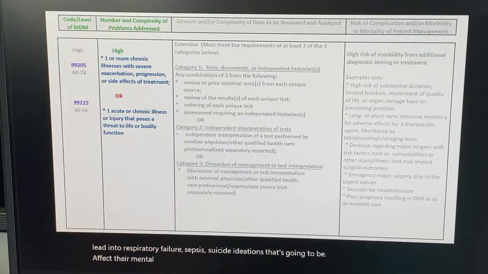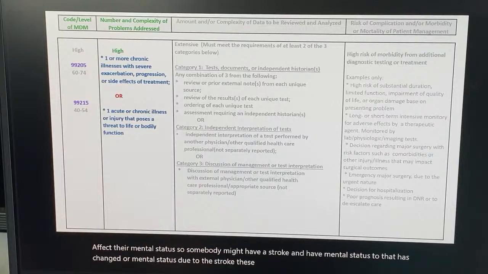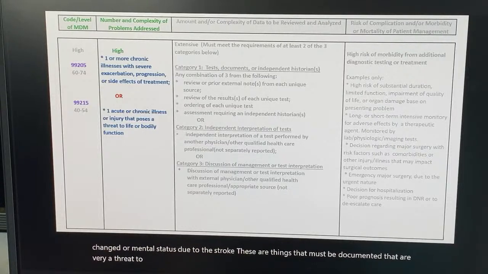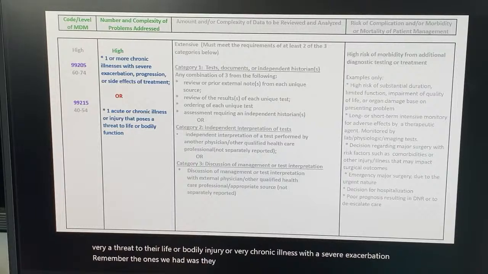So somebody might have a stroke that has changed their mental status. These are things that must be documented that are a threat to their life or bodily function, or a chronic illness with a severe exacerbation. Remember, the ones before had an exacerbation or a chronic exacerbation. This one's a severe exacerbation.